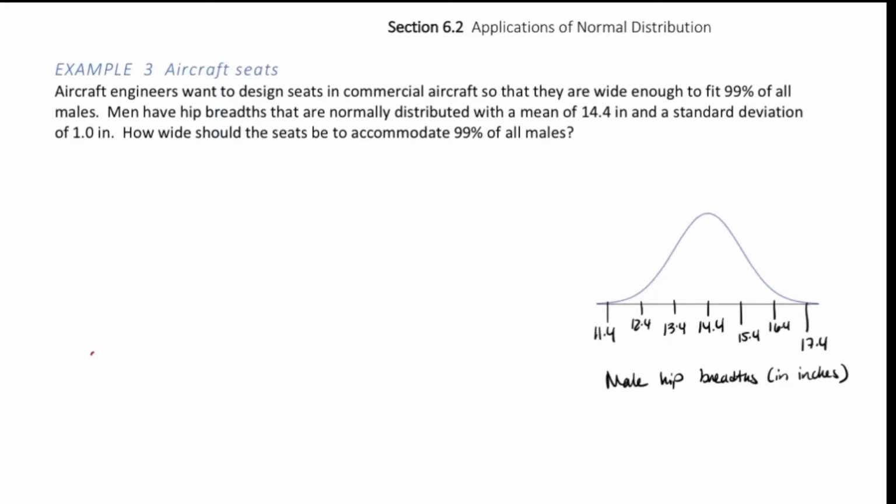So if we want to accommodate 99% of all males, we're going to need some value A all the way out here. And we know we want 99% of the area on the left.